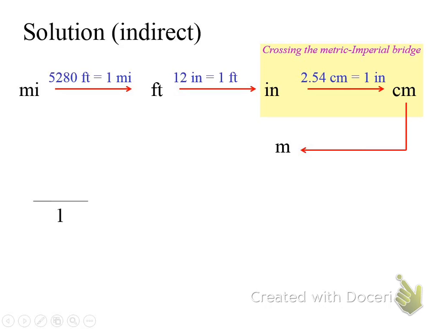So 1 meter is equal to 100 centimeters. With regard to meters to kilometers, we know that 1 kilometer is equal to 1,000 meters. The roundabout.